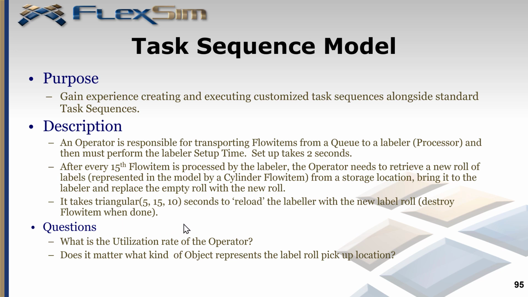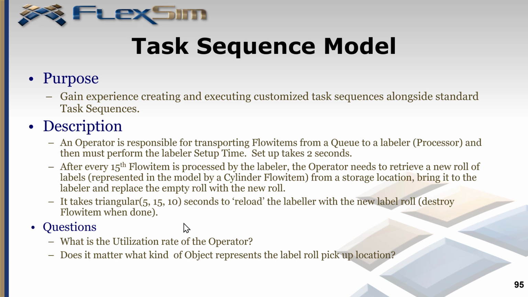Some questions: what is the utilization rate of the operator? And does it matter what kind of object represents the label roll pickup location? The answer to that is no. It just needs to be a location. A spot on the floor where you're going to have your operator walk to, pick up a flow item that you will create with your process flow and put it in that object location, and then carry it over to the processor representing the labeler, spend triangular 5, 15, 10 seconds, and then get rid of the roll.